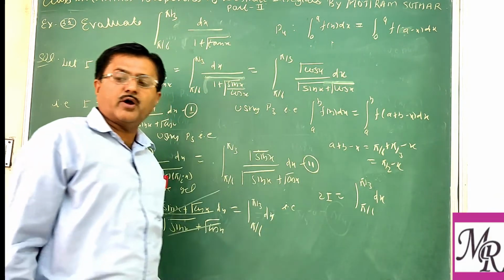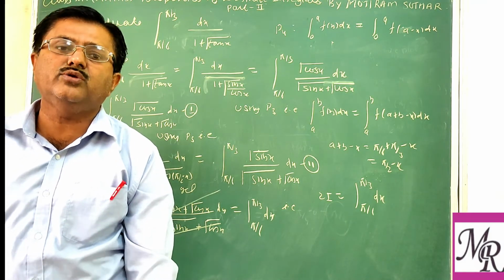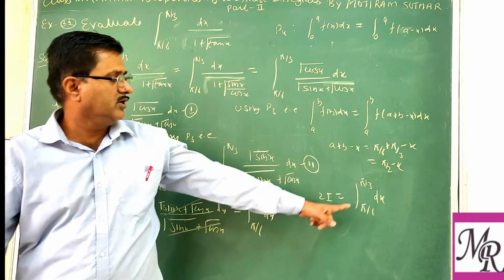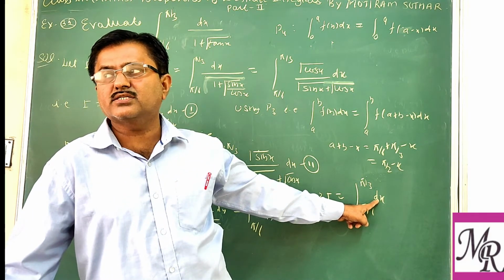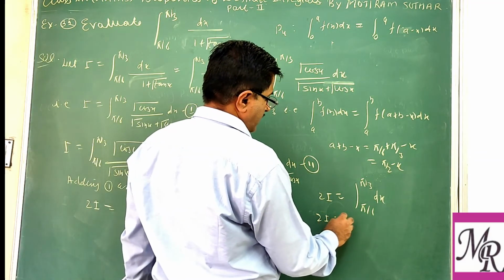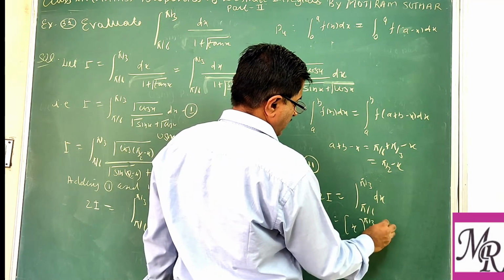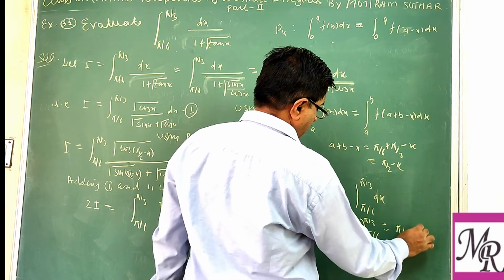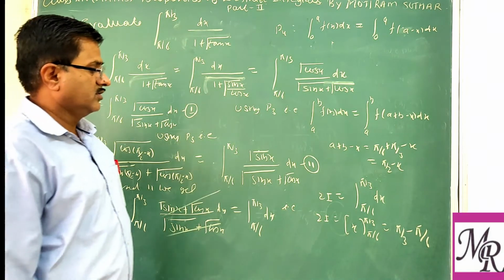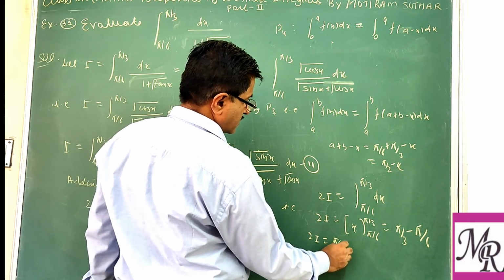So by using the property of the definite integral, the integrand is converted into a very easy, or you can say known form, because the integration of dx is x. So we may write 2I equals x with limits. Again using the fundamental theorem, antiderivative at the upper limit pi by 3 minus that at the lower limit pi by 6.